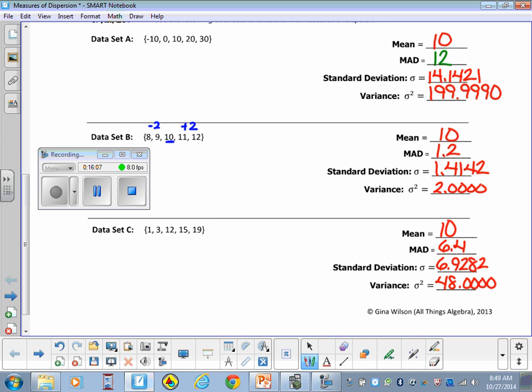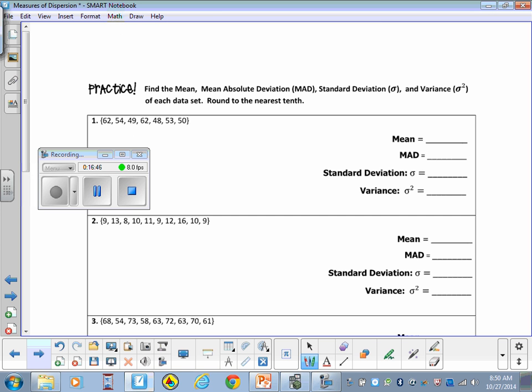When I look at data set A, my mean happens to be in the data set, but my range is -10 and +20. Sorry, -20 and +20. Much more spread out than -2 and +2. With data set C, my mean isn't part of the set, but when I look at how spread out this is, it's -9 and +9, so it's in the middle. And my mean absolute deviation and standard deviation reflect that. That's the important thing to get from this.